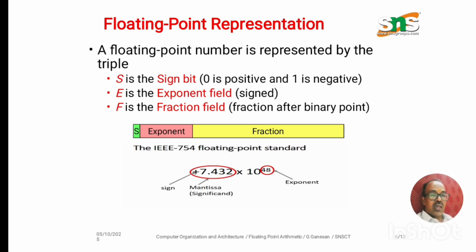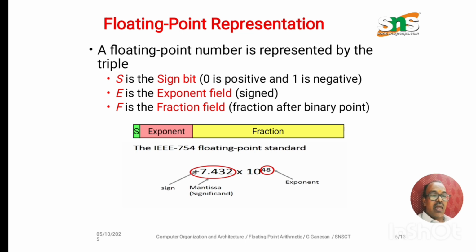Suppose we are writing a positive floating point number, the sign bit is 0. Suppose we write a negative floating point number, for example minus 2.35, the sign bit is 1. So any positive floating point number gets 0 as the sign bit, and any negative number gets 1.